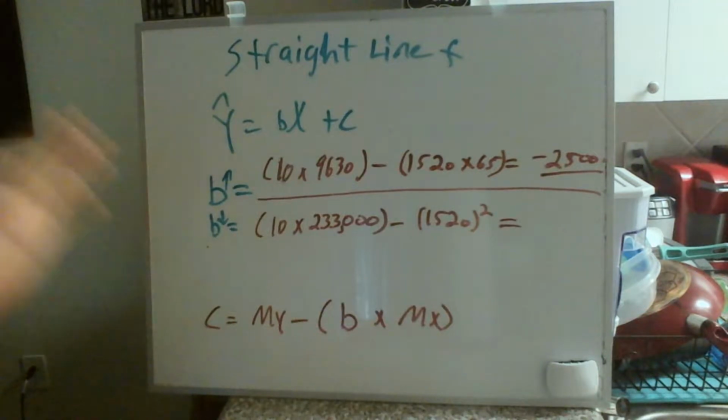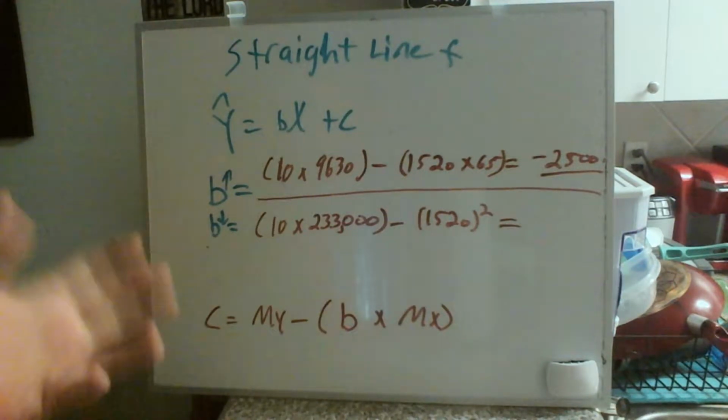We need to figure out b first, right? We're going to start from left to right. If you really pay attention to b here, it should look extremely familiar to what we just covered. It's literally a fraction of what the PPM formula is. So let's look at where I'm getting these values from.